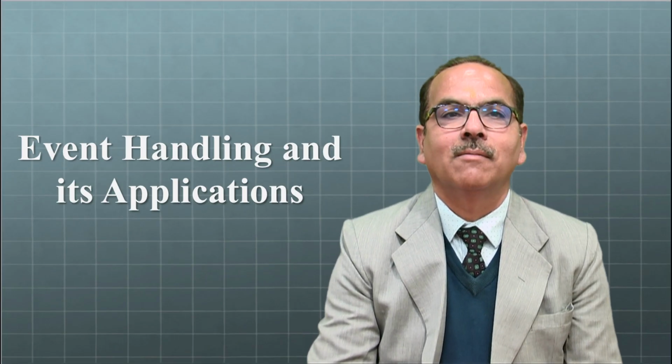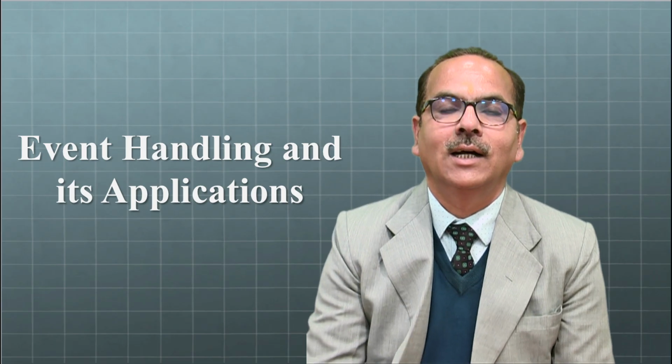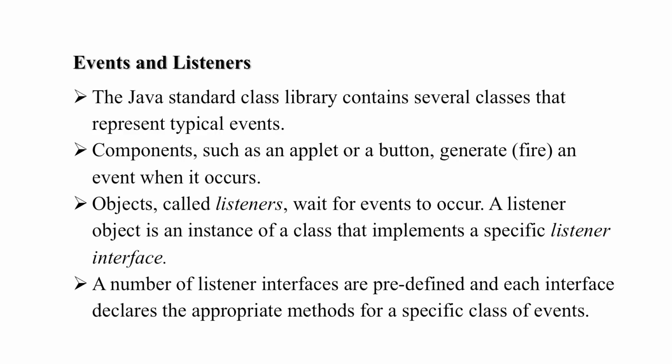Now this is one example of the event listener. The Java standard class library contains several classes which represent typical events. Components such as applets and buttons generate, or fire, an event when it occurs.